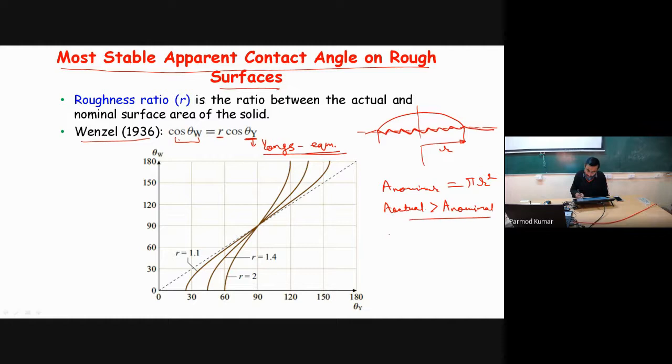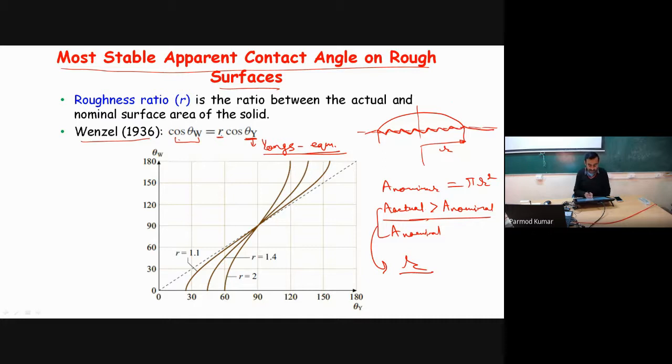The ratio of A actual divided by A nominal is something which is called r, the roughness ratio. This is the ratio between the actual and the nominal surface area of the solid.